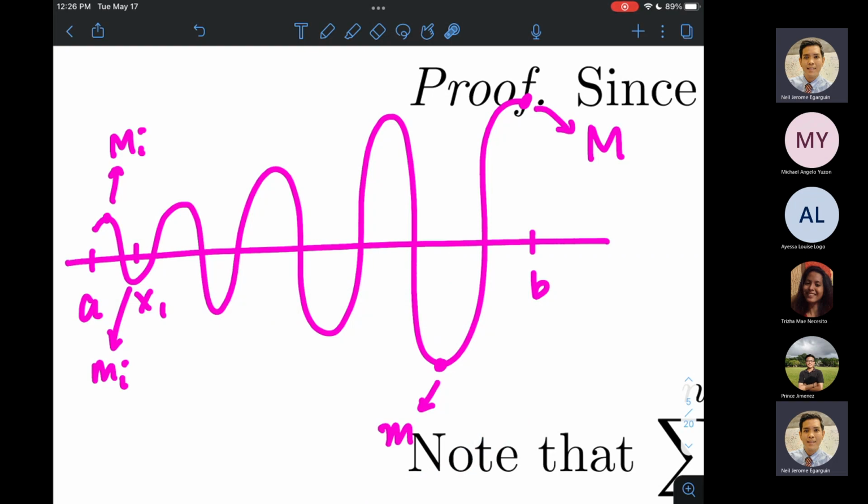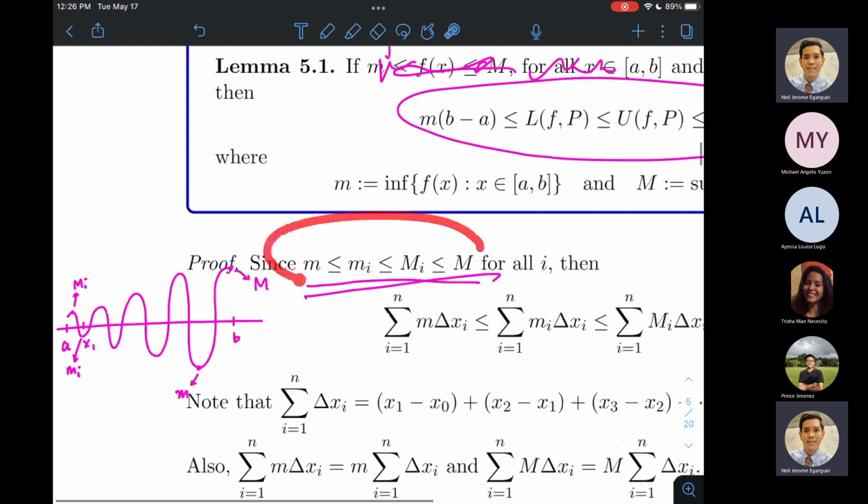Tapos dahil kakaunti rin yung option mo para sa maximum o para sa supremum, yung makukuha mong supremum dito, posibleng mas maliit kaysa dun sa supremum dun sa buong closed interval. Okay? So yun yung idea nitong inequality na ito. So any infimum or supremum on your subintervals is larger and less than, respectively, the infimum and supremum doon sa buong closed interval. Okay?